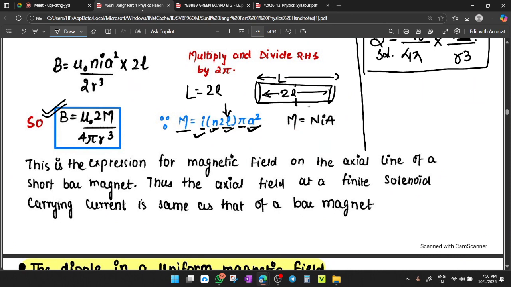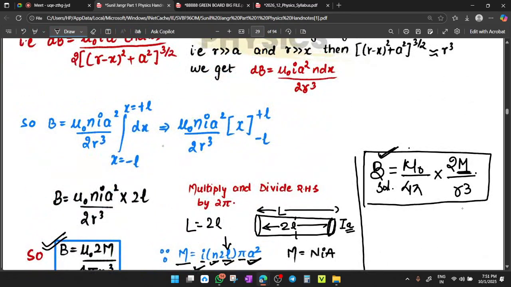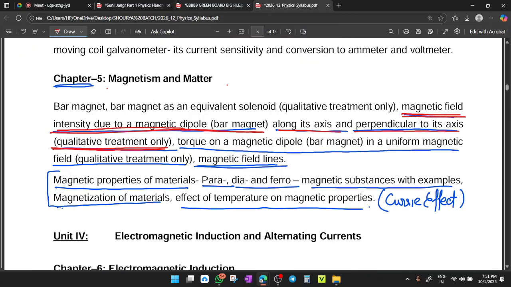Why a square and not r square? Actually, we have to take the radius as a, because we have already taken r as the distance from the center to the investigating point. So there may be confusion. So we have to take this radius as a. Clear?